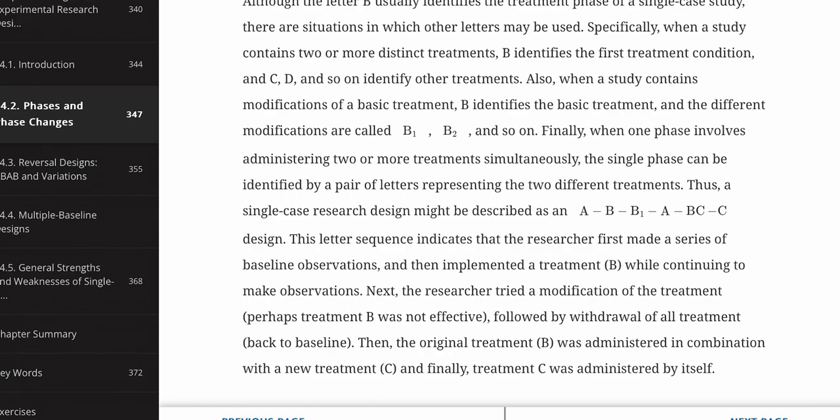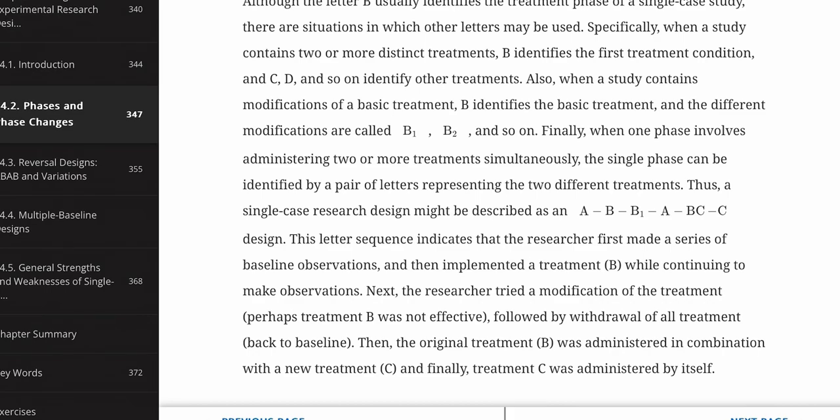So in the third phase, they did B1, which was a modification of B. And then they removed treatment altogether, back to baseline A. And then they wanted to try treatment B in combination with another treatment C.